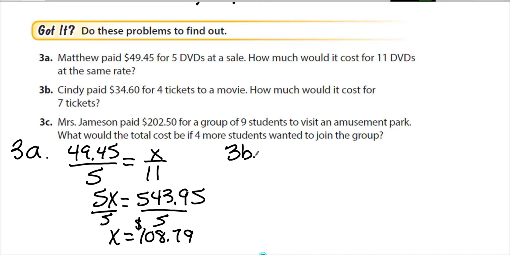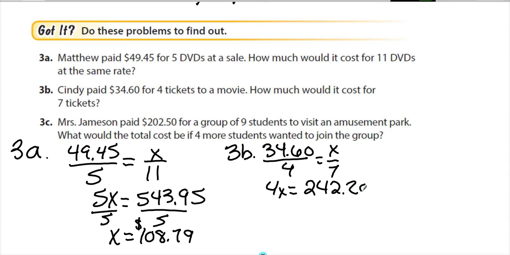All right, so for this one, we're going to have $34.60 over 4, which equals, and then how much? 7, so that'll be 4x equals 7 times 34.60, that's 242.20. We're going to divide by the coefficient of 4. And that's going to come out to $60.55.